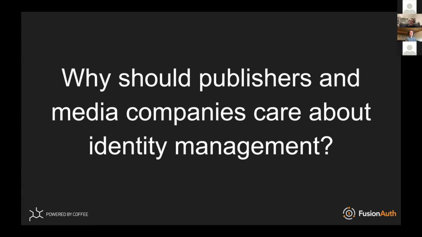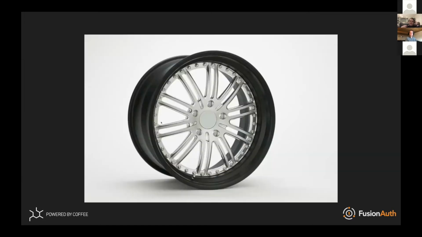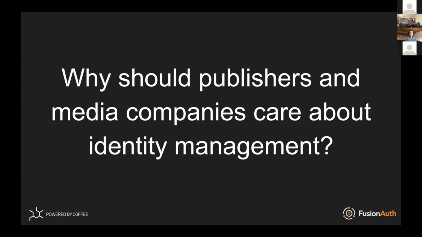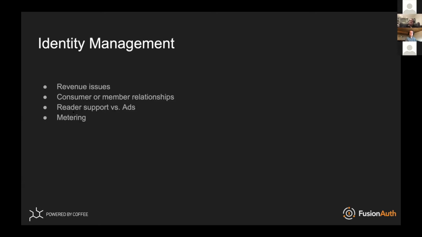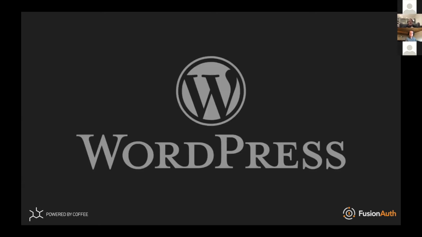Now, the big part where this all connects is managing access. And this usually comes down to the content management system that the publisher is using. For this, we see a lot of WordPress, as you might expect. The thing about WordPress is that it's a great CMS. Your editors probably love it compared to everything else that's out there. But it's a terrible user management system.